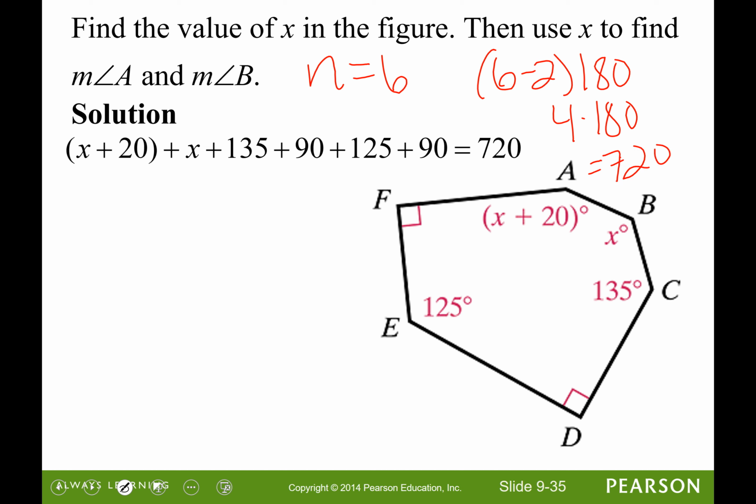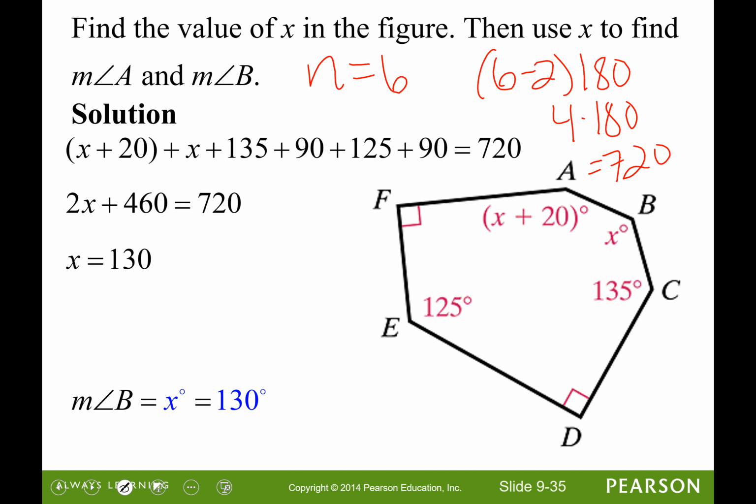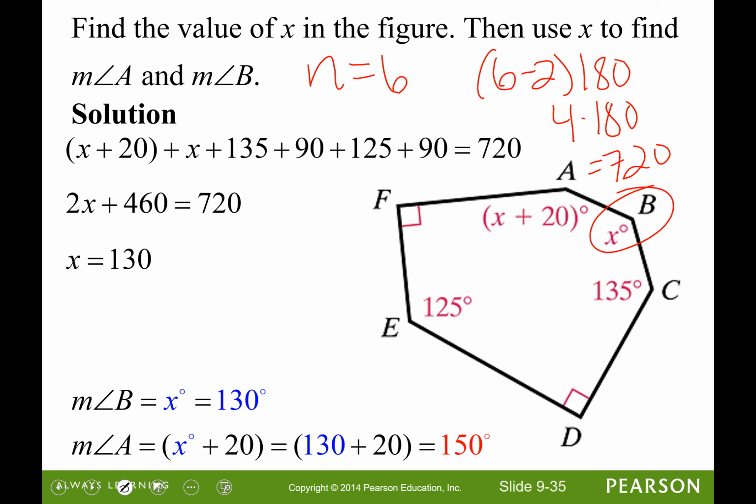All right. Solving that equation, we get x equals 130. And then we can use that to substitute back in, find the measure of angle B is equal to 130 degrees, and A is that 130 plus 20 more, so 150 degrees.